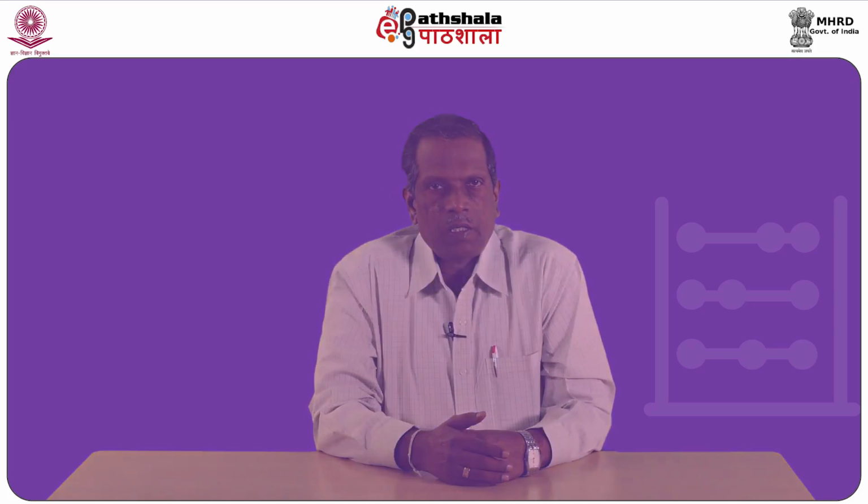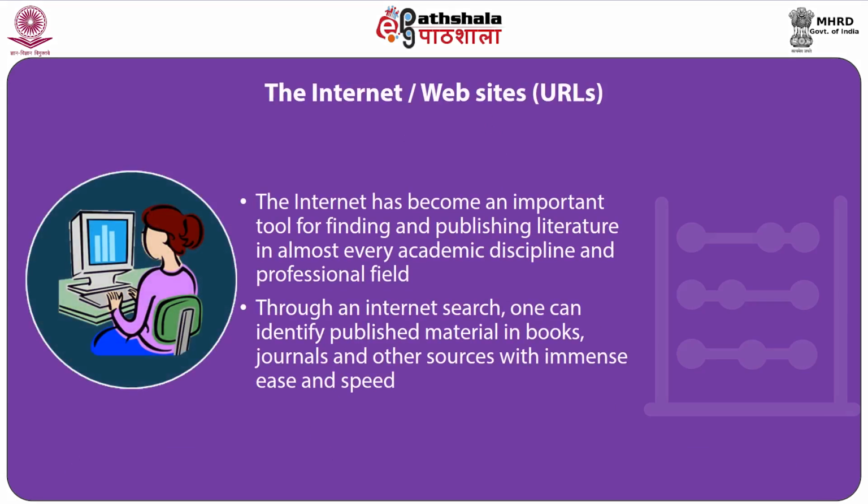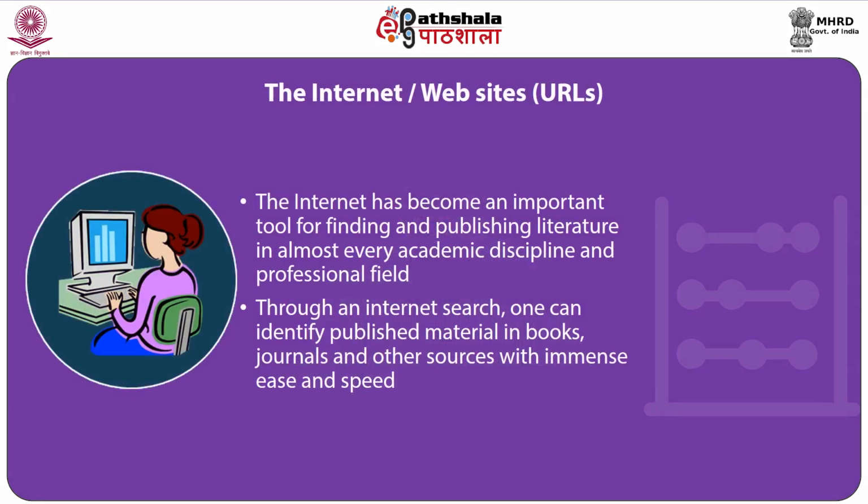The fifth major source of review of literature is the internet and websites. In the recent past, the internet has become an important tool for finding and publishing literature in almost every academic discipline and professional field. Through an internet search, one can identify published material in books, journals and other sources with immense ease and speed.